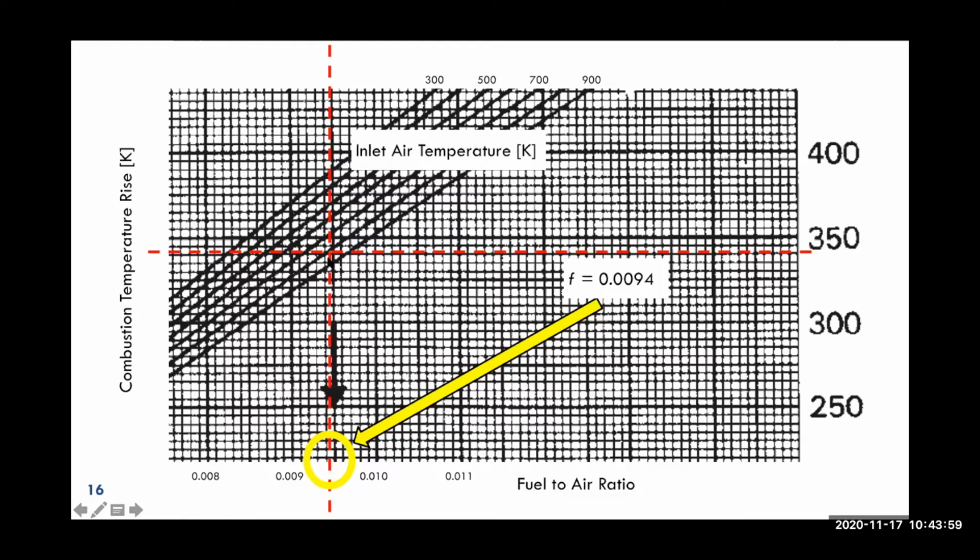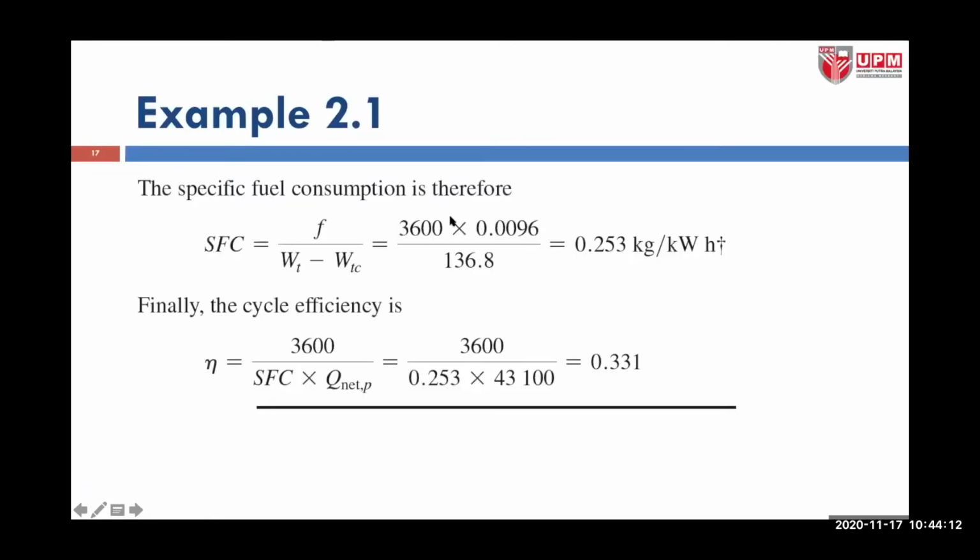The hardest part is to get the correct value for the inlet air temperature. So from this graph, we can now calculate the true value of the fuel to air ratio.